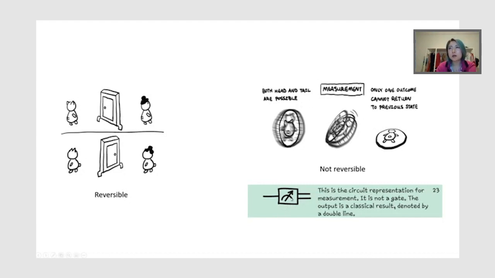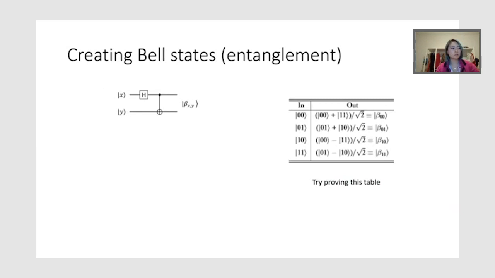What's different is that it's not reversible, and after a measurement of a qubit, you get a piece of classical information out. Because you cannot then reverse it back to quantum. So we use two lines to represent that the output is classical. That's it.